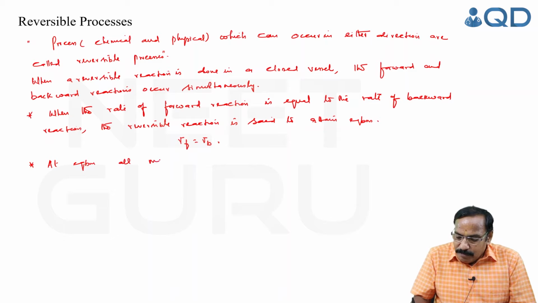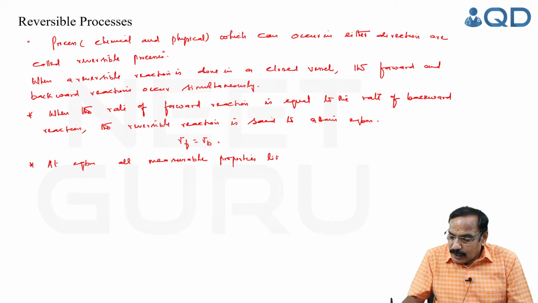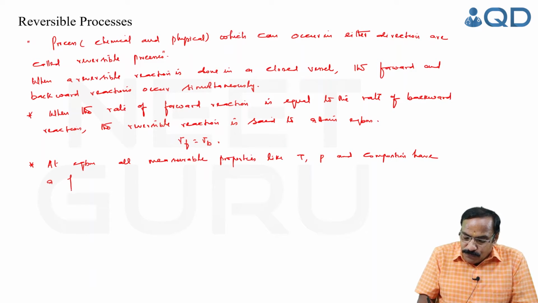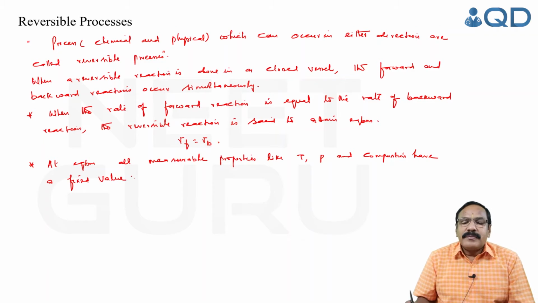All measurable properties like temperature, pressure, and composition have a fixed, definite value.